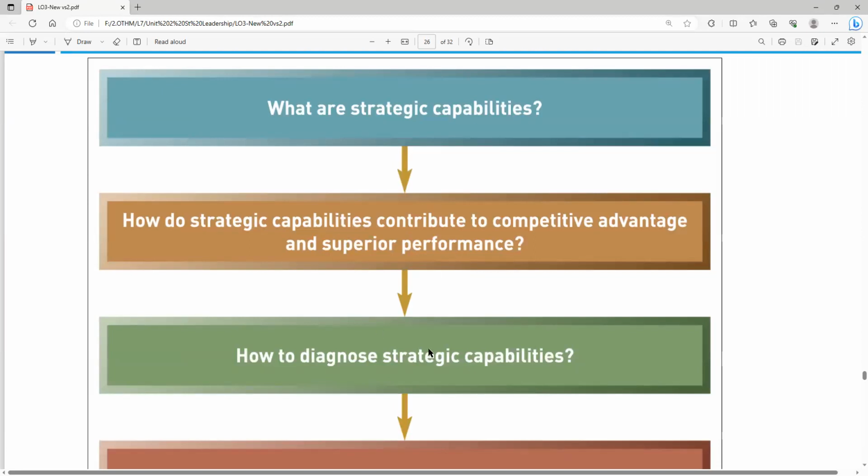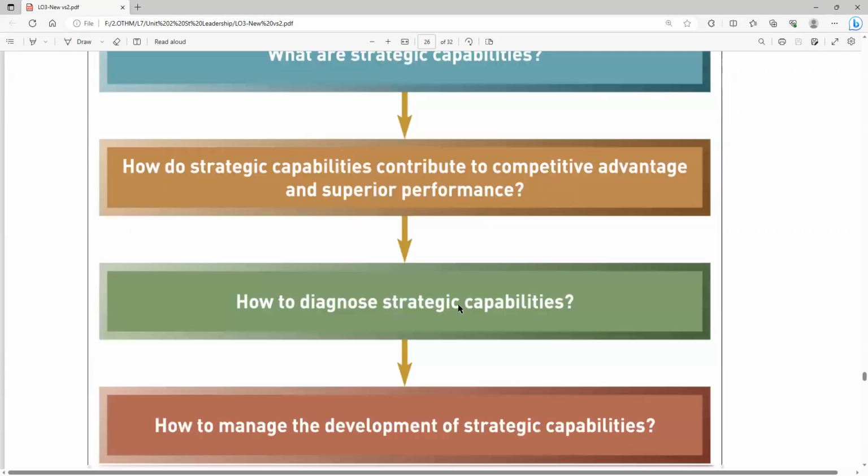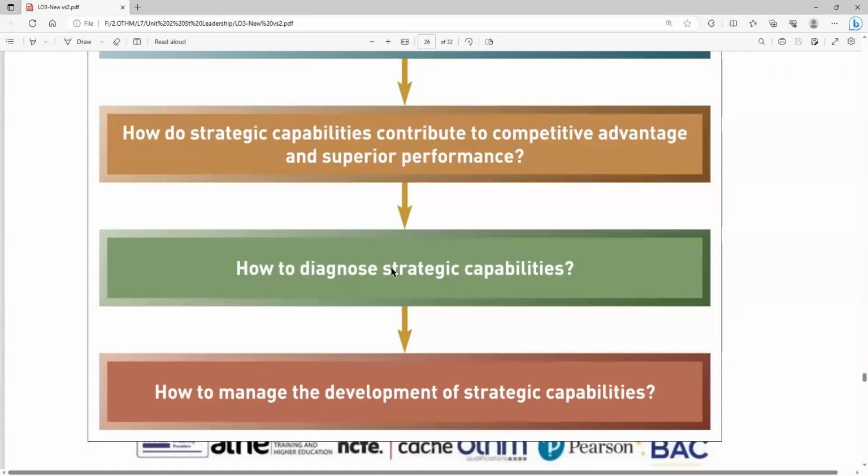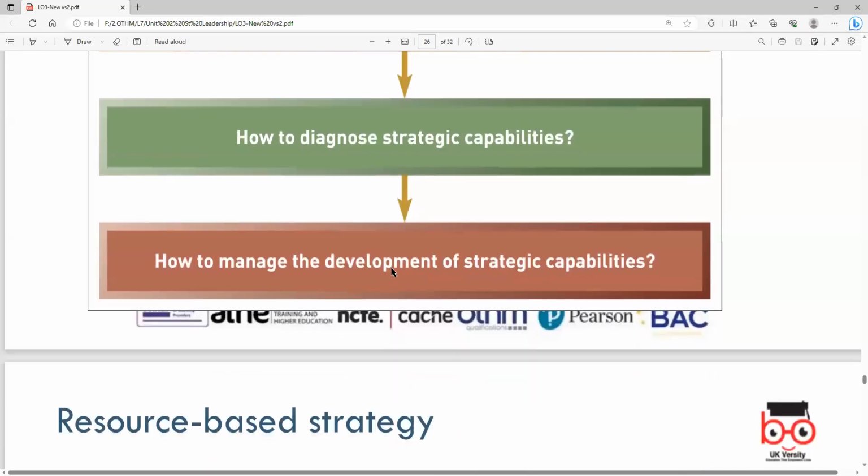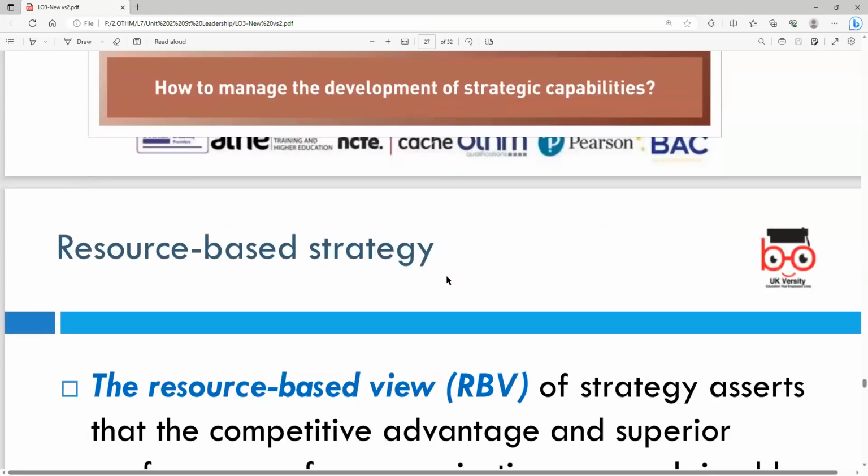And how do we diagnose strategic capabilities? What are the skills? What are the models? What are the resources we can use to diagnose? And how do we manage the development of strategic capabilities?